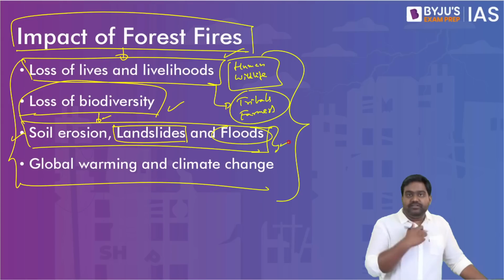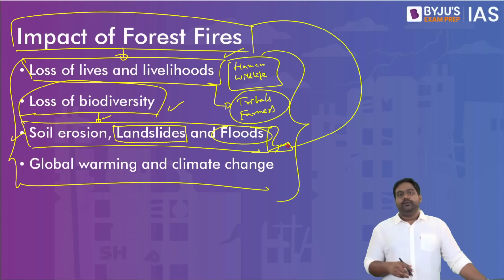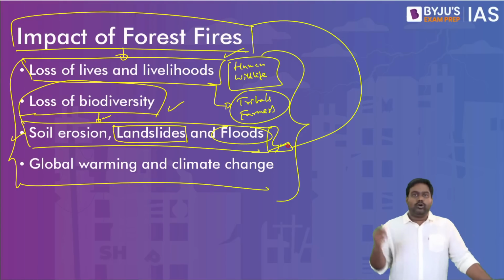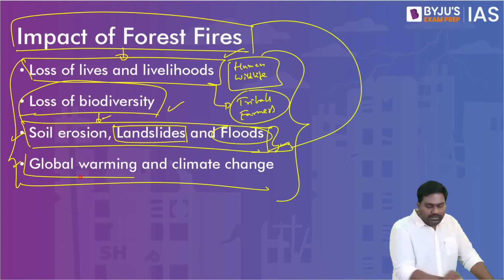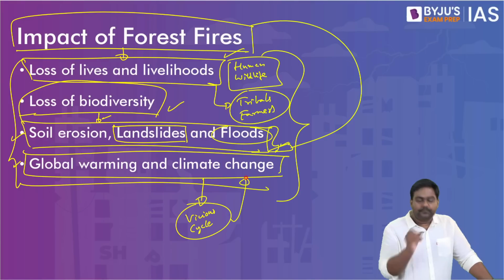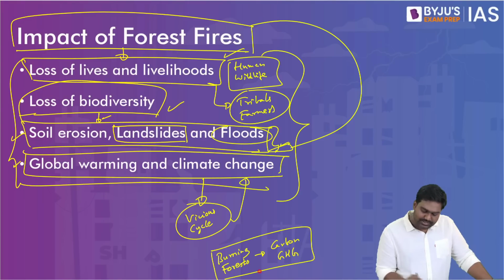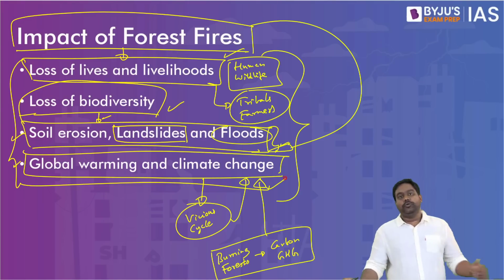We understood previously how deforestation contributes to more landslides and floods. So forest fire is a way of deforestation. It weakens the soil, weakens the slopes, contributing to landslides and floods. And it creates a vicious cycle that increases global warming, because the burning of forests releases massive amounts of carbon and greenhouse gases into the atmosphere, contributing to more global warming.